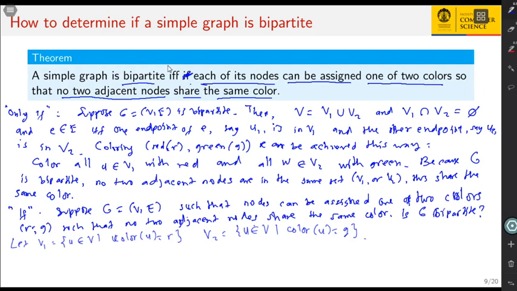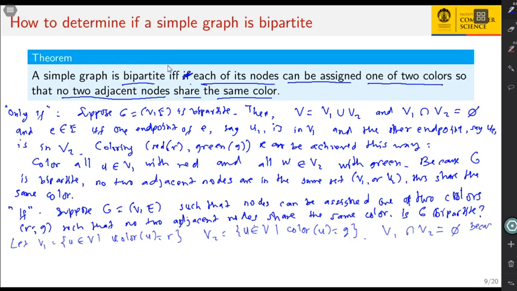Obviously by our assumption V1 is disjoint from V2, because every node is assigned one color, not two colors.